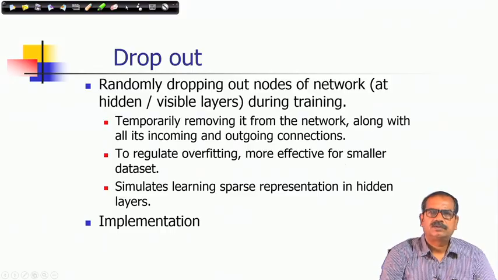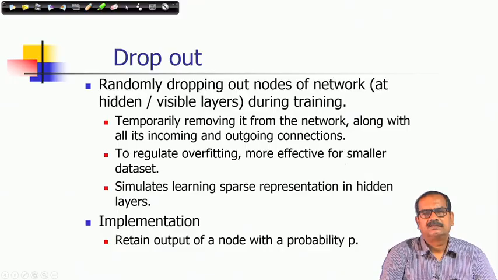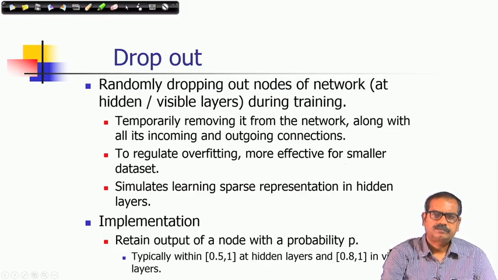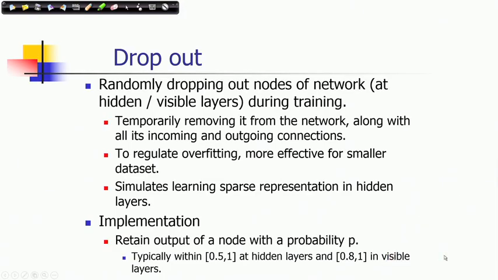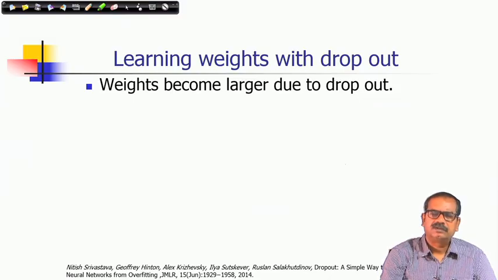Implementation of dropout could be in this way: you retain the output of a node with a probability p, and typically the value lies between 0.5 to 1 at hidden layers and 0.8 to 1 in the visible layers, which means input or output layers. The weights become larger due to dropout. That is one of the effects of dropping out, that whatever weight you learn, the actual effect would be larger.